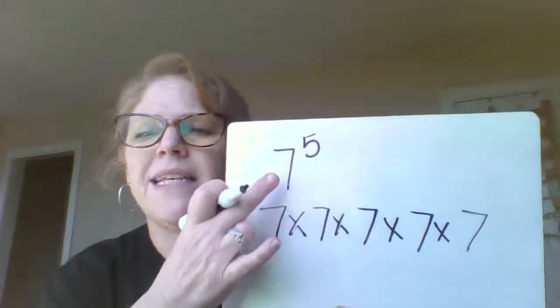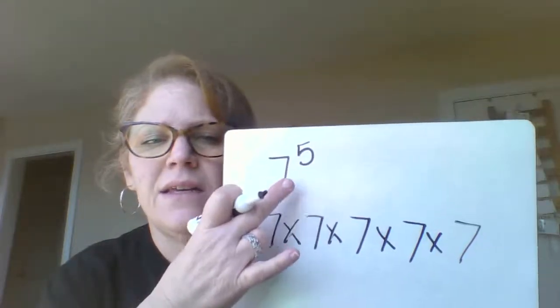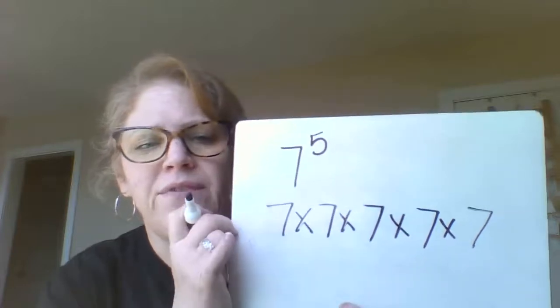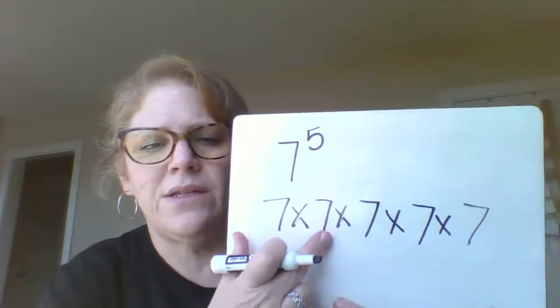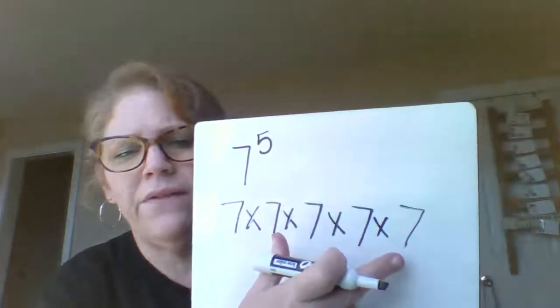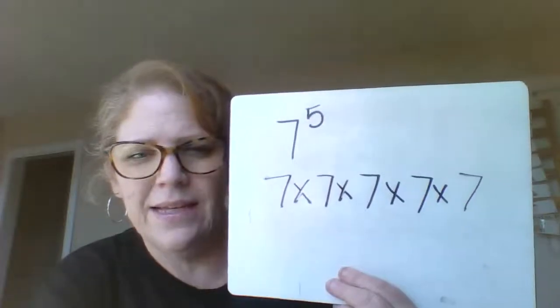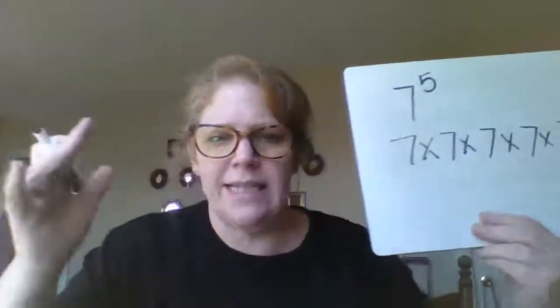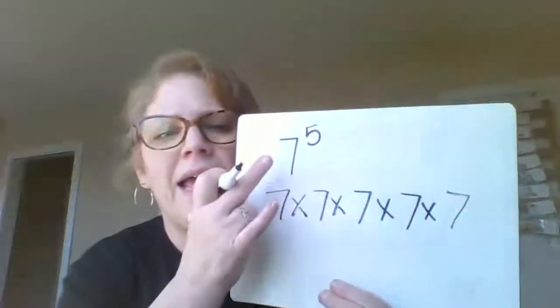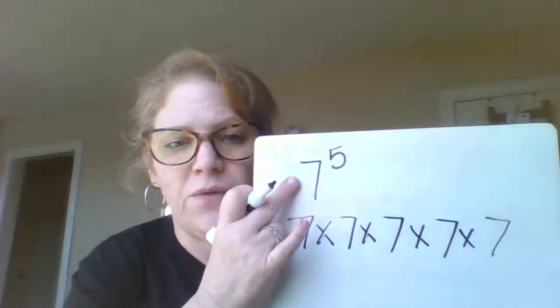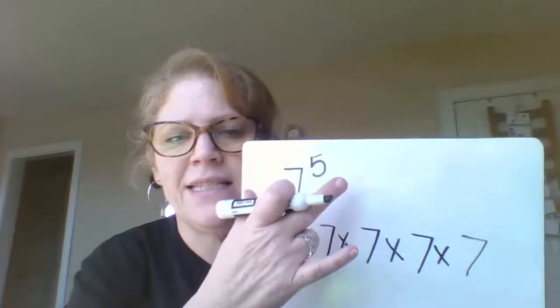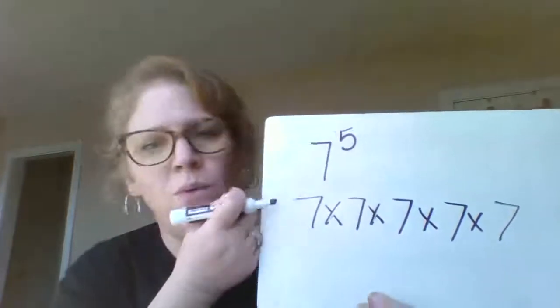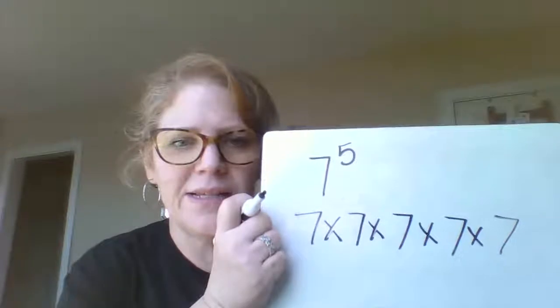But this is basically 7 times itself 5 times. 1, 2, 3, 4, 5. Okay? This is expanded form because it's expanded, it's bigger. And this is exponential form, because that's been written using an exponent.